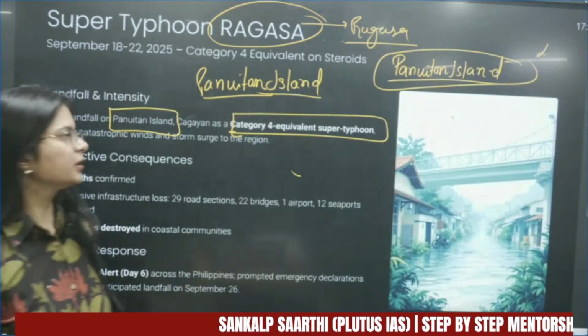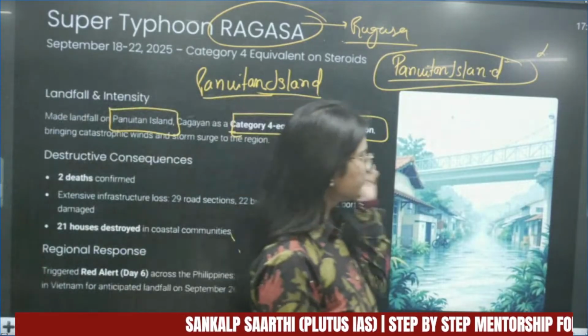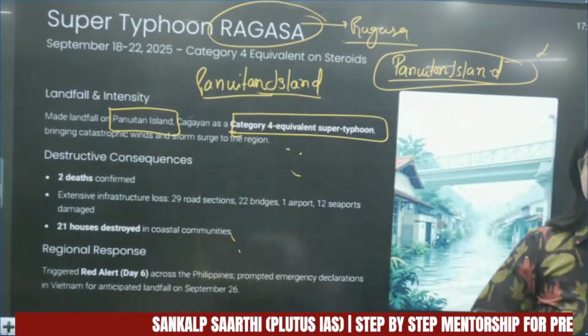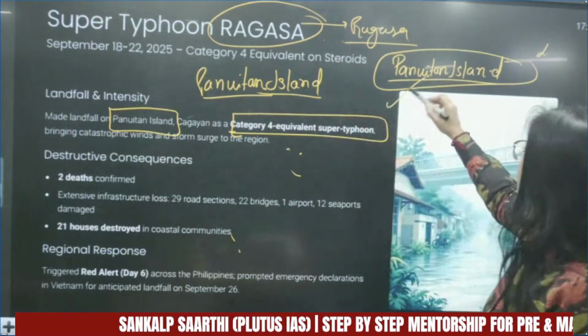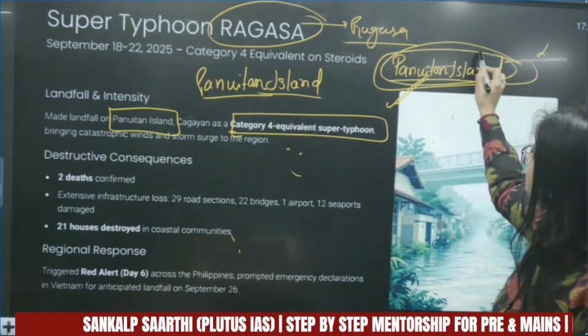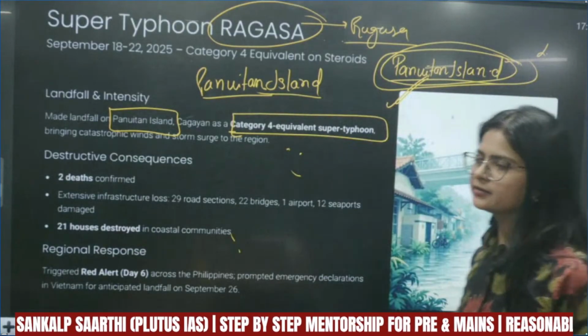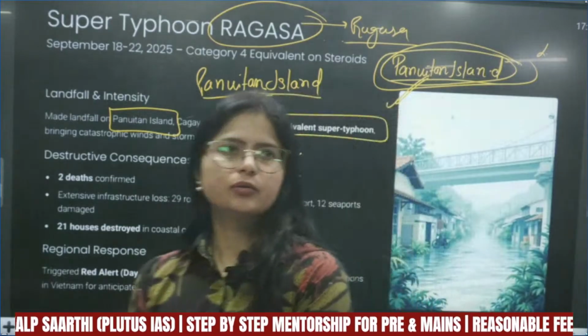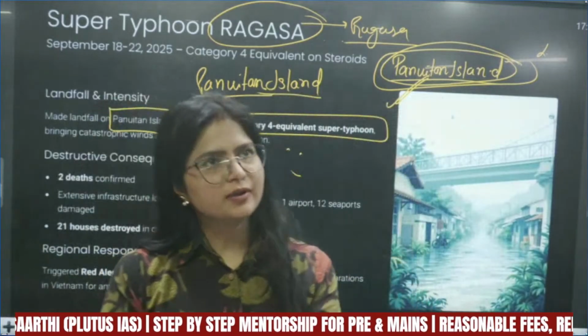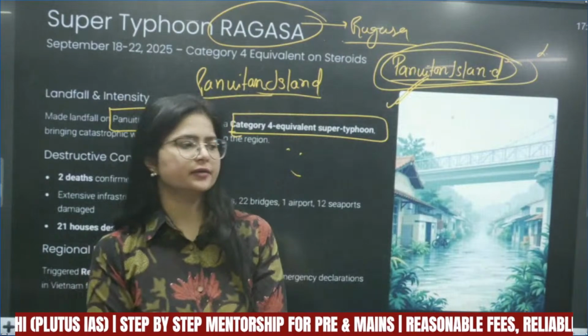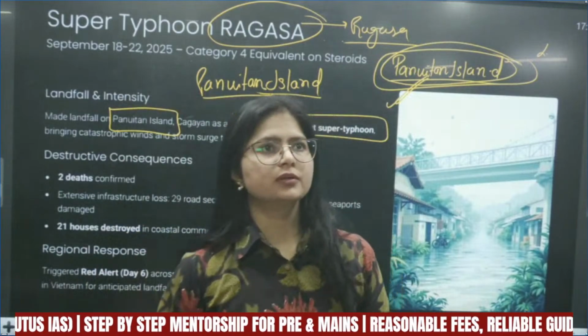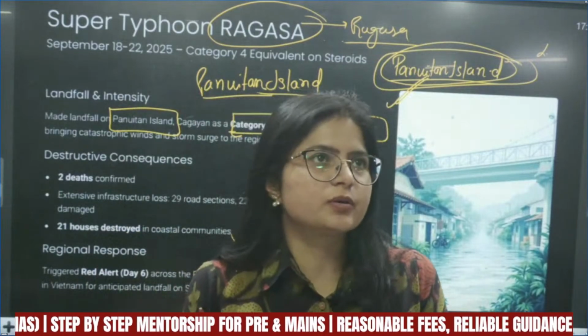So it came in this area. I was talking about the Aniutan Island, which is a part of it. But still, you have to mention the islands when you are referring to anything. Although you write Philippines, you have to mention particularly which island it hit, because it's important to know proper information about something.